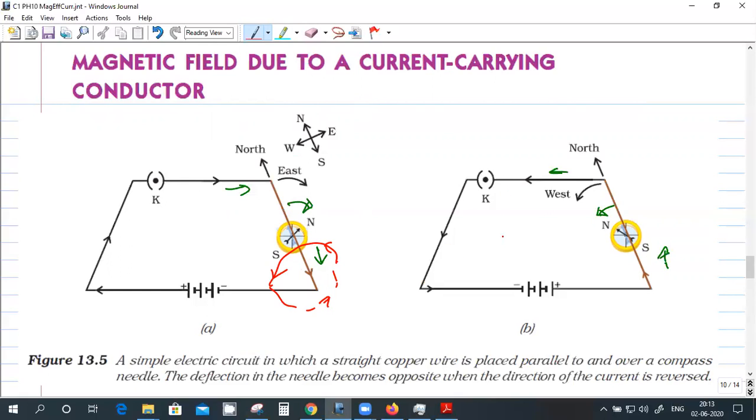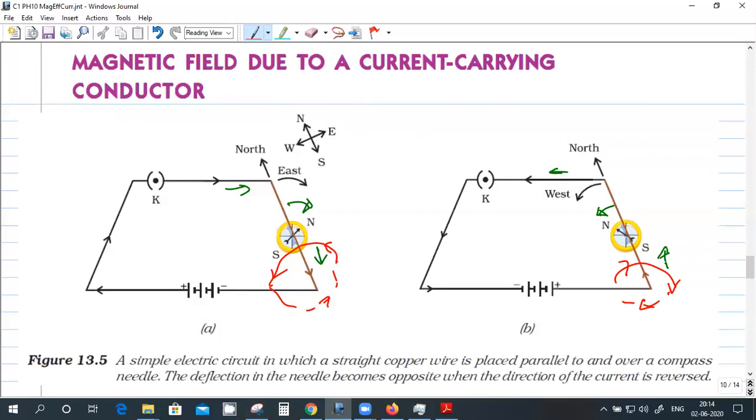Got it? The thumb should point along this arrow. The fingers will curl in this direction. In this one, the thumb is into the plane of the paper, and the fingers will curl in this direction. So this is the direction of the magnetic field. Here it is anti-clockwise, and the second one is clockwise.